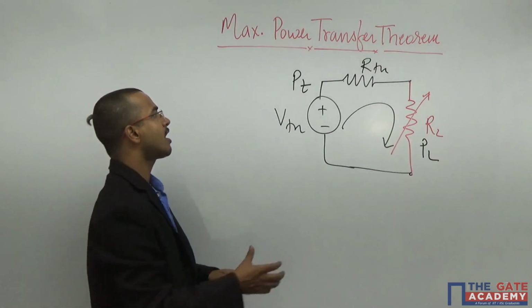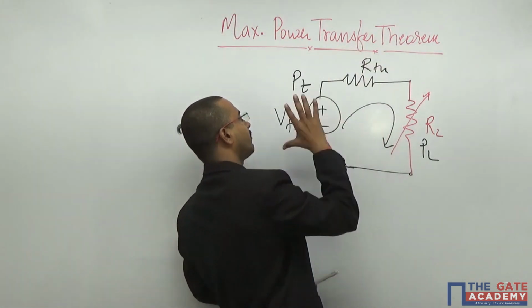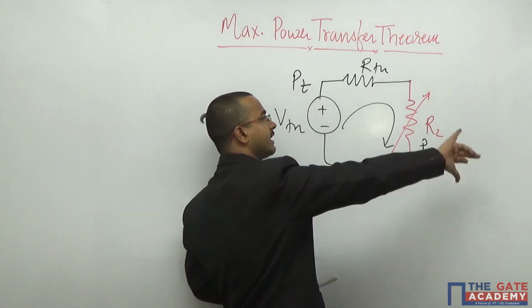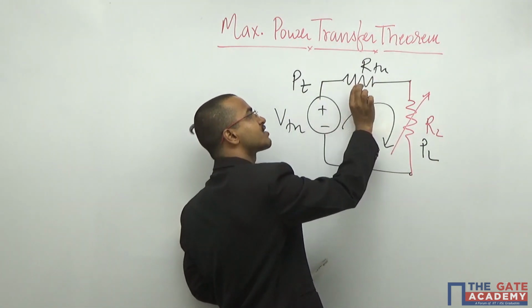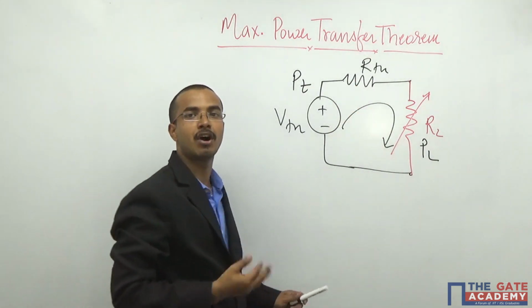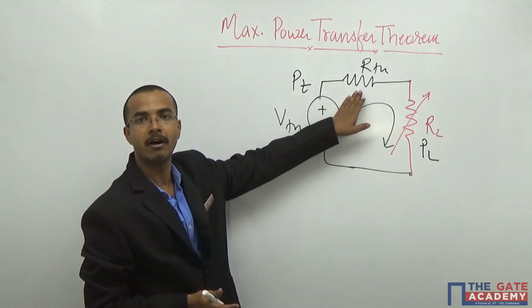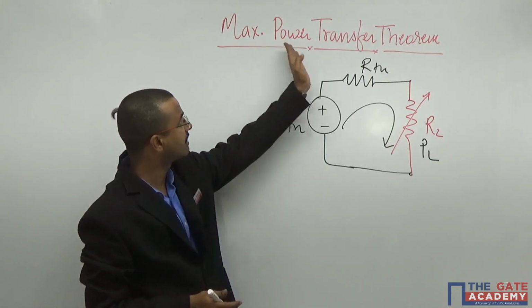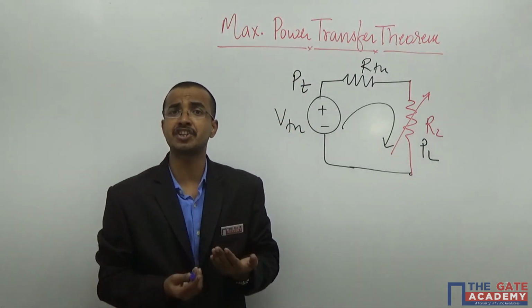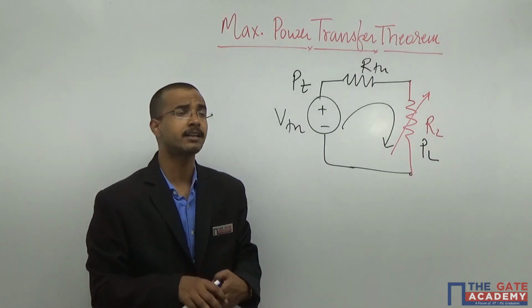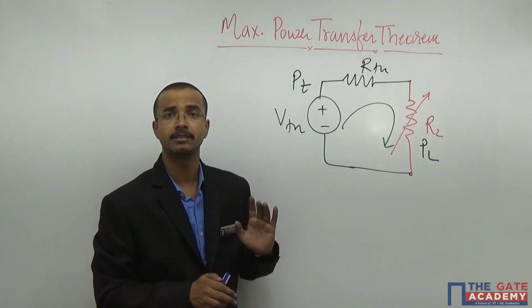And some loss will occur here. Whatever I have generated, I will not get the exact value at the load, because of the resistance here there will be a voltage drop, which causes a loss of power. That is why I am studying the maximum power transfer theorem, to see at which condition I will get the maximum power here.